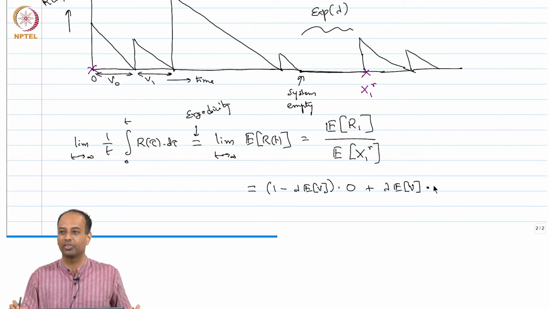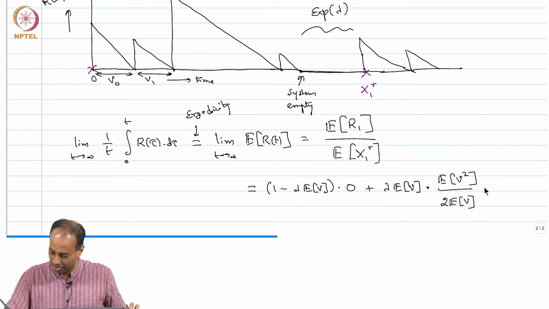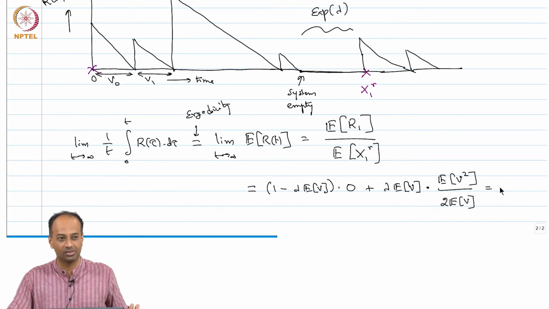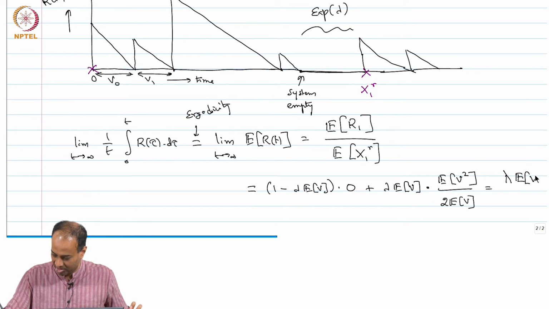my expected R of t is what? It is expected V squared, the second moment of the service time, over 2 expected V. So, what does this work out to be? This works out to lambda expectation of V square over, this cancels, over 2.